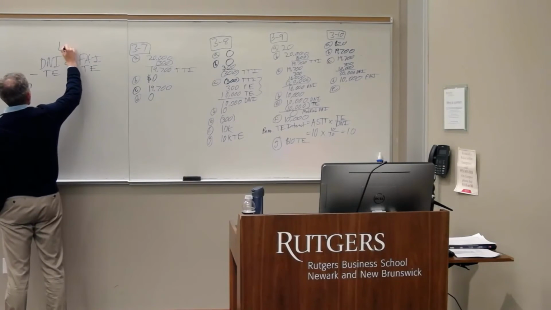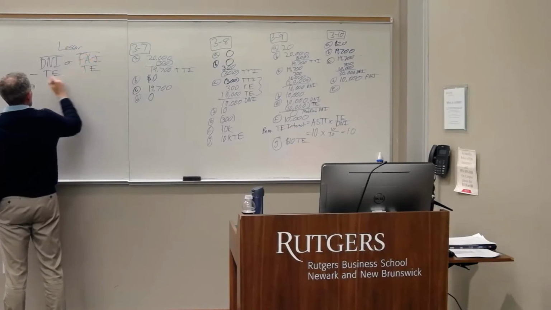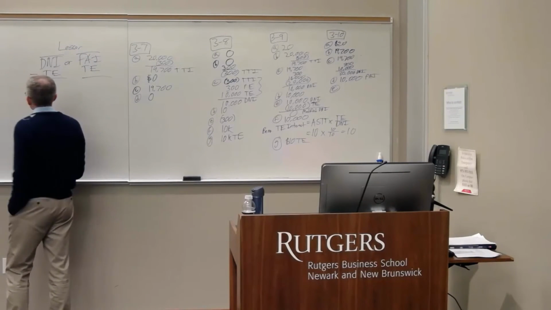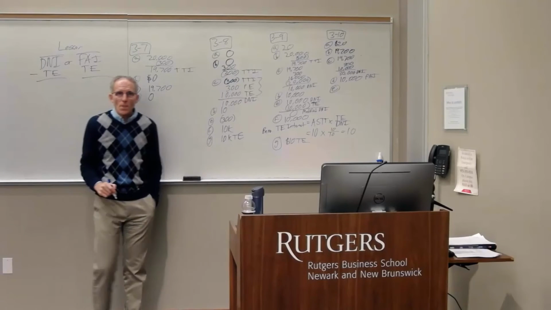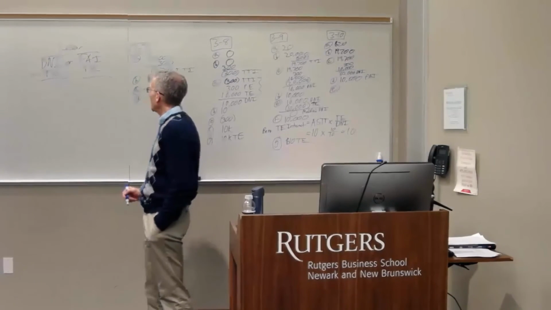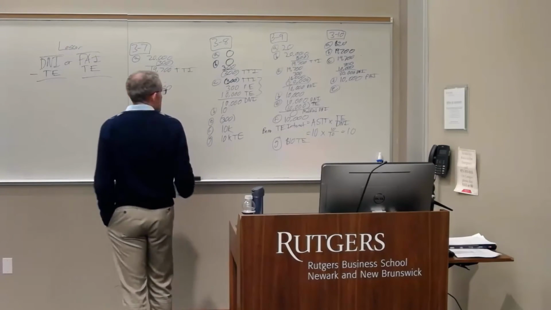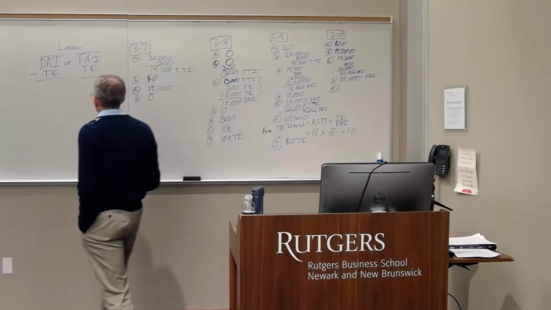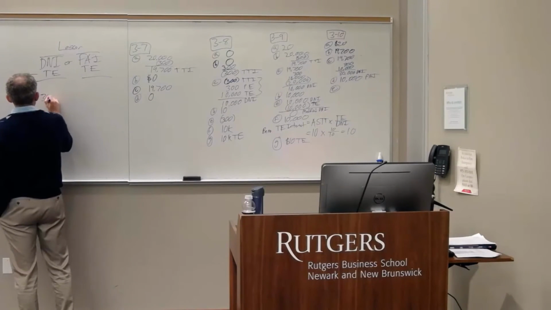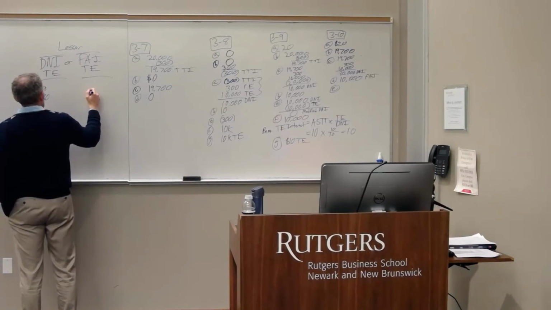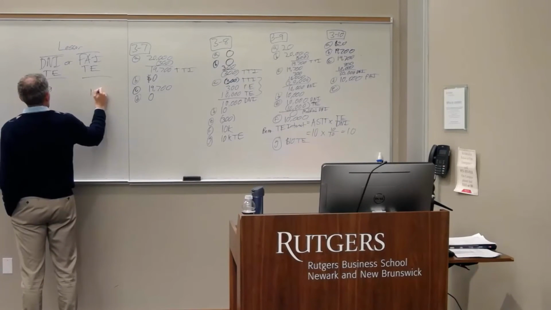So it's the lesser of this or this, minus tax exempt. What's the lesser of the two? What's DNI here? 30. What's fiduciary accounting income? 10.